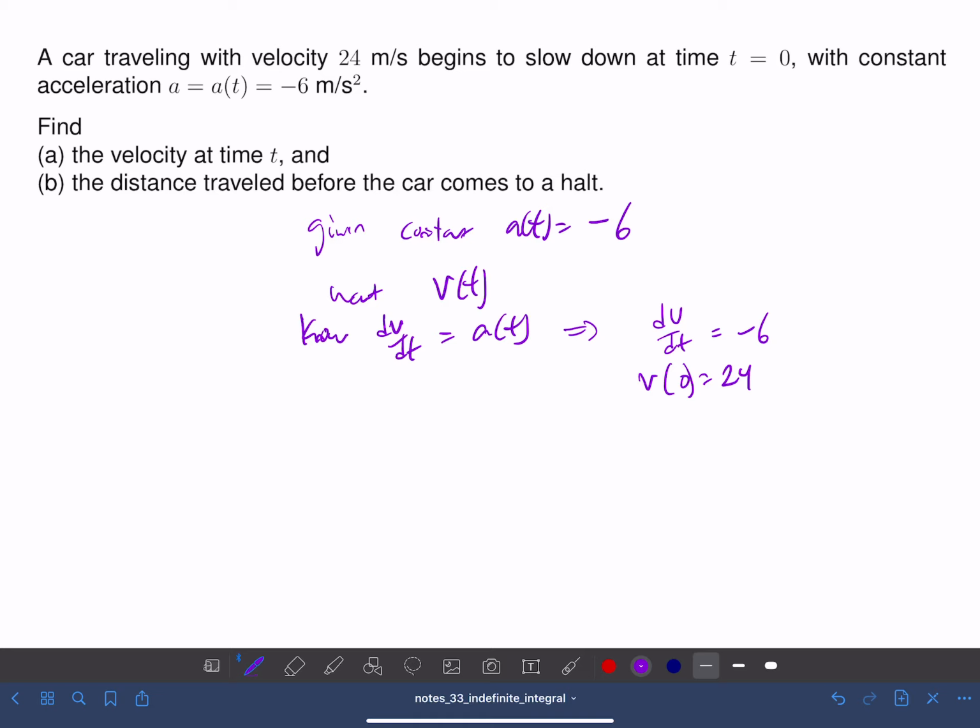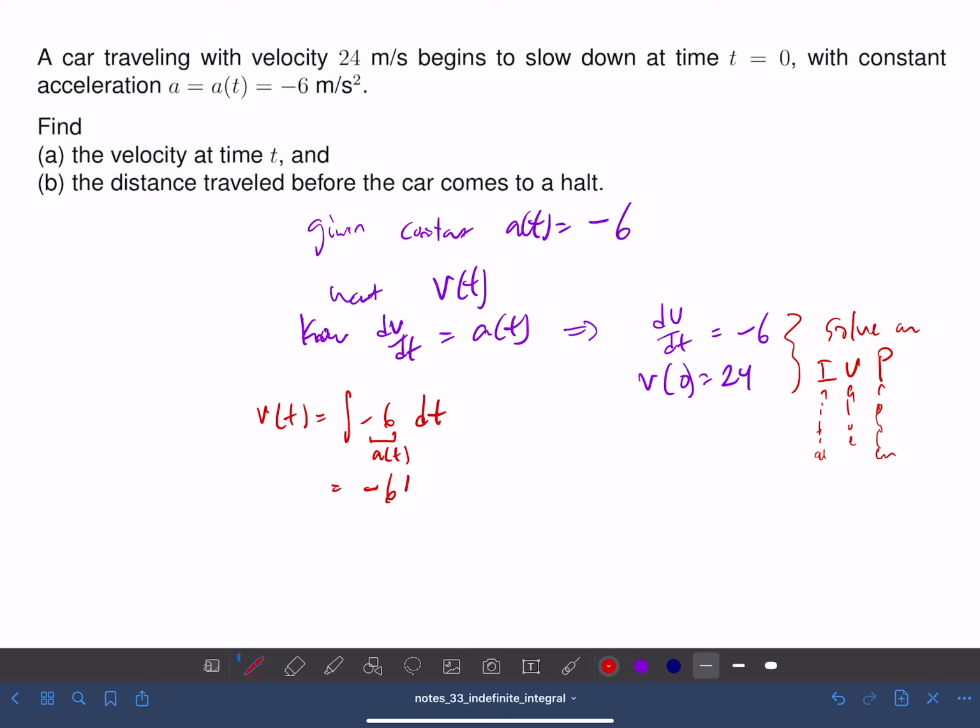These two pieces right here make an initial value problem. So that means that v of t equals the integral of minus 6 dt, where that's my acceleration function. We'll do that integration: minus 6 times t plus some constant c.